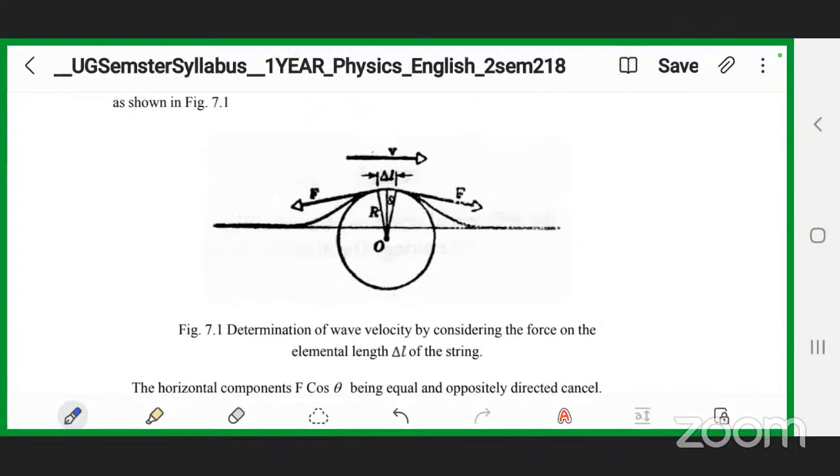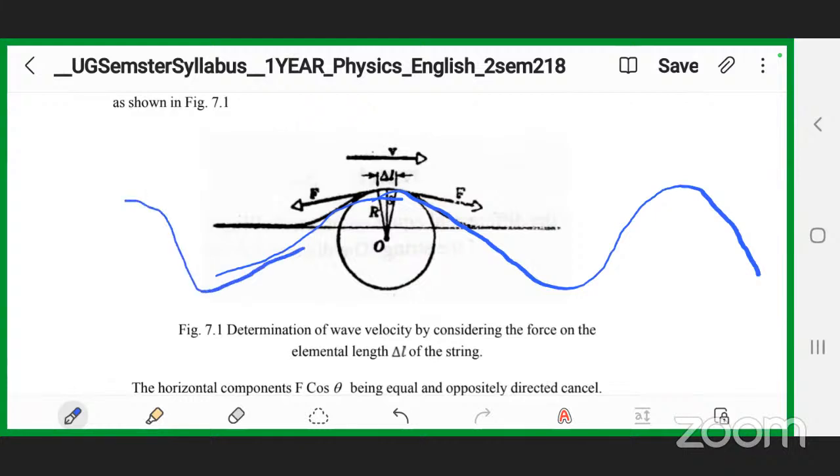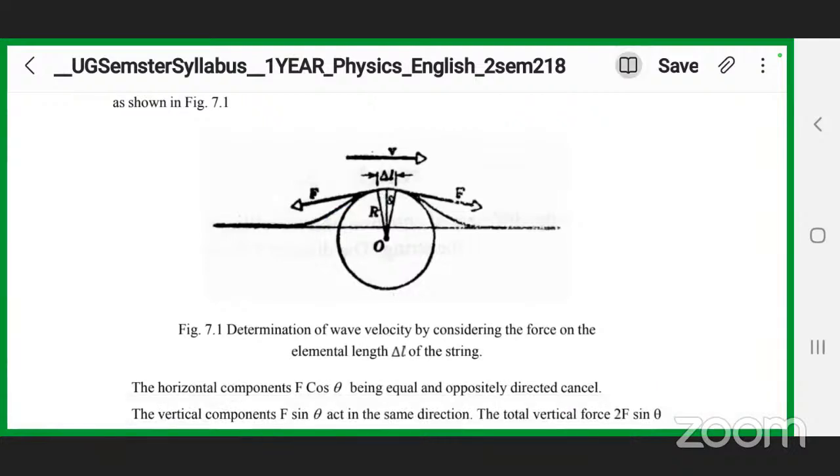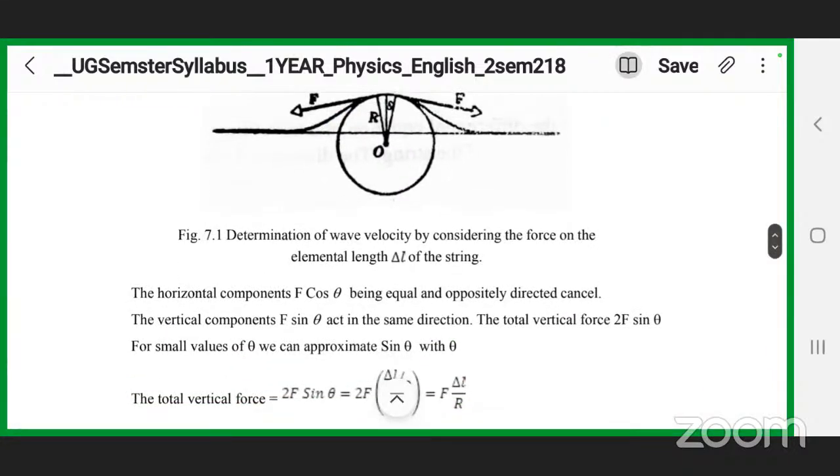Transverse, like transmission, this is how the energy is transferred. The horizontal component is F cos theta and the vertical component is F sin theta.